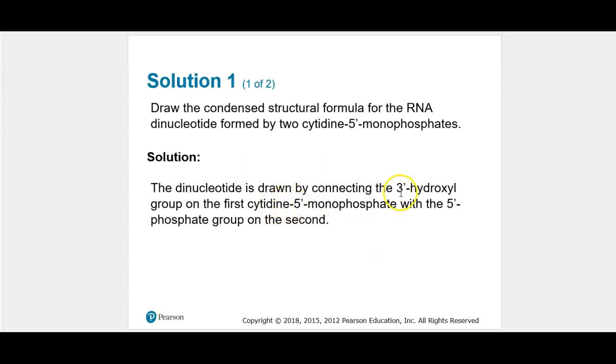You line them up so that the 5' phosphate of one of the nucleotides lines up conveniently with the 3' hydroxyl of the other nucleotide, and then you will connect those as we'll see.